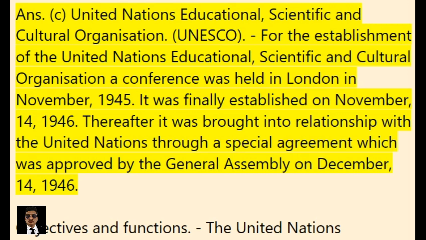It was finally established on November 14, 1946. Thereafter it was brought into relationship with the United Nations through a special agreement which was approved by the General Assembly on December 14, 1946.